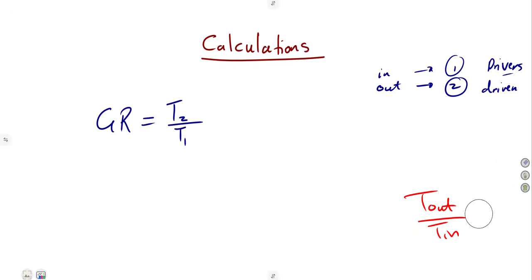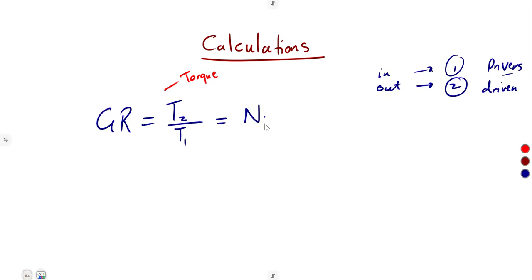So there we referred from the torque, like this. It can be referred to the speed in revs per minute, input over output. For speed, it is input over output. It is only for torque that we take output over input, or driven over driver.